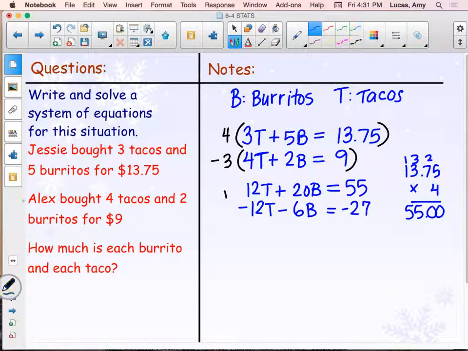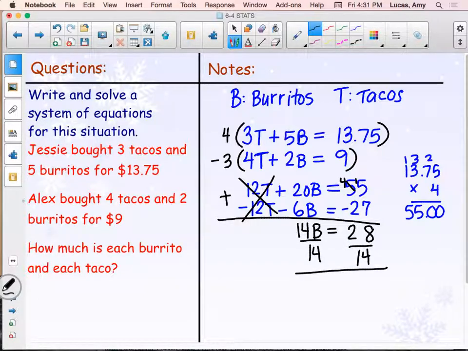Much easier. Add together our system and the tacos have canceled out. 20b plus -6b would be 14b equals, and if I subtract these, 55 minus 27 is 28. These divide nicely to tell me that burritos are $2 each.